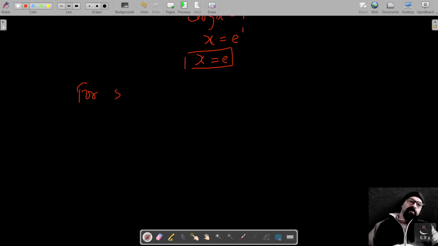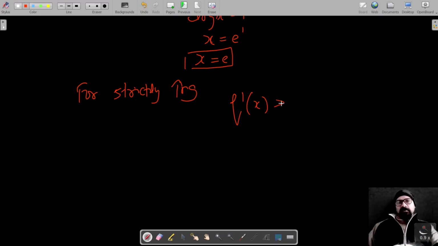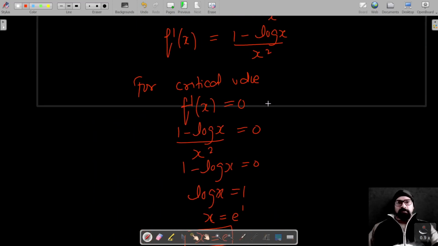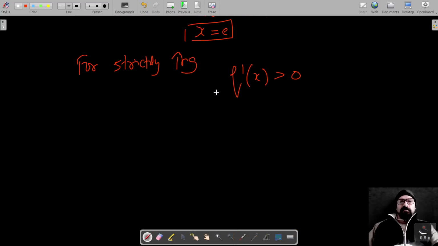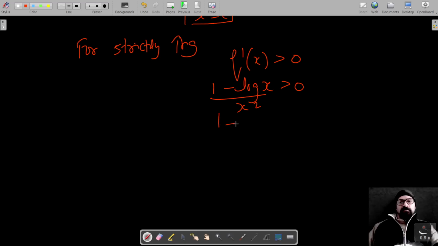Now let's find out the interval in which this function is strictly increasing. For a strictly increasing function, f dash x should be greater than 0. So 1 minus log x upon x squared should be greater than 0, so 1 minus log x is greater than 0.